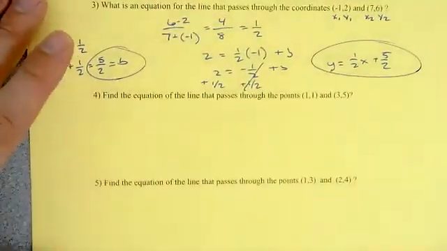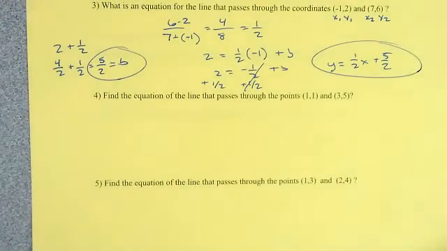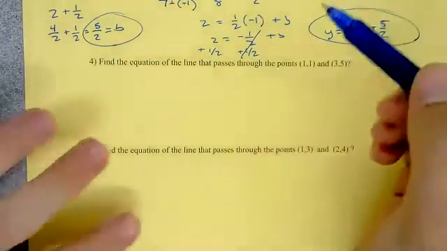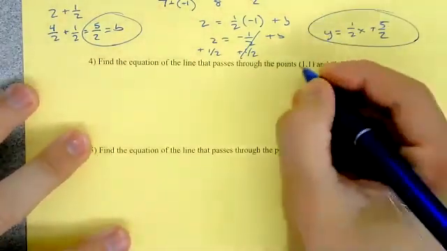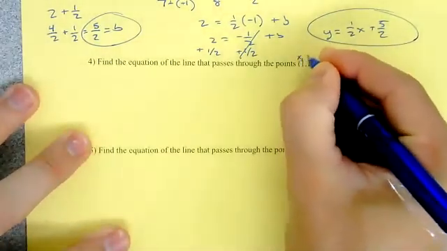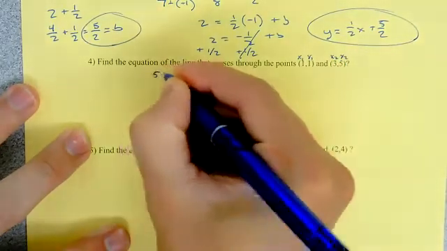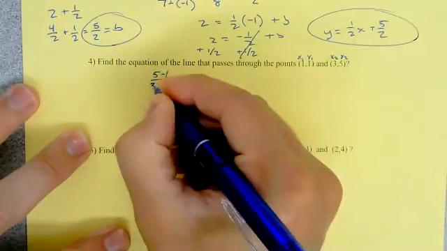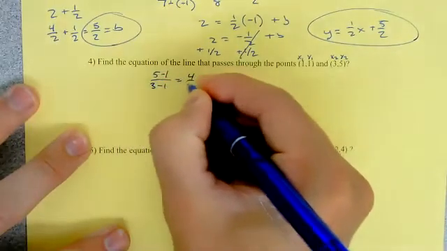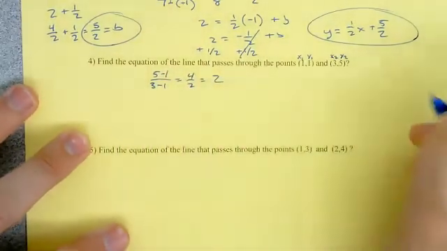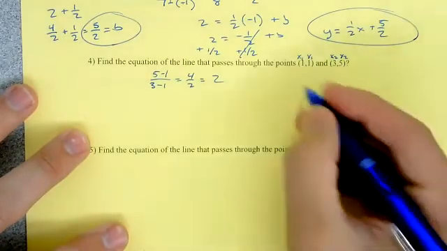All right, try these last two. All righty, so first one here: x1, y1, x2, y2. So 5 minus 1 over 3 minus 1 should give you 4 over 2, which should just be 2.